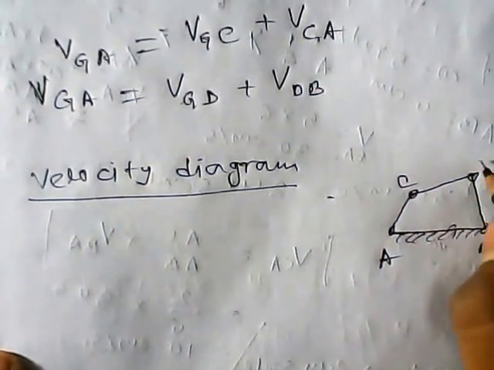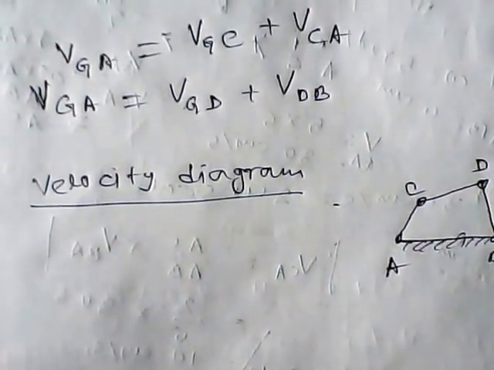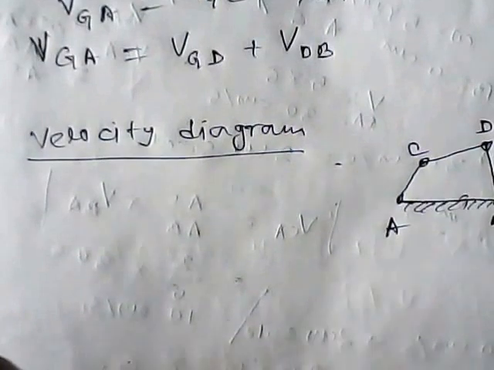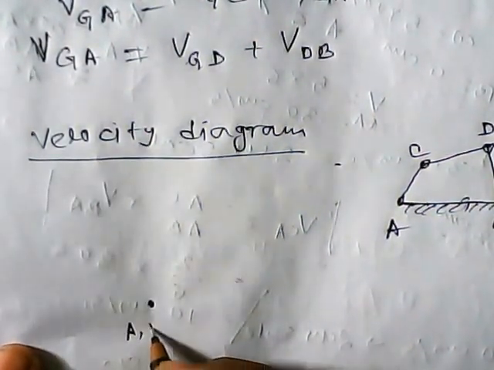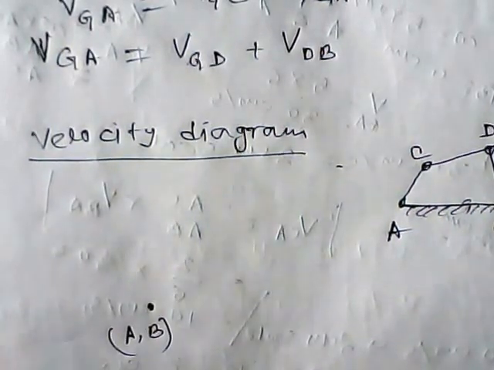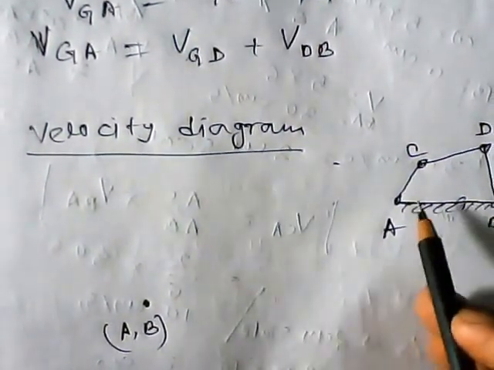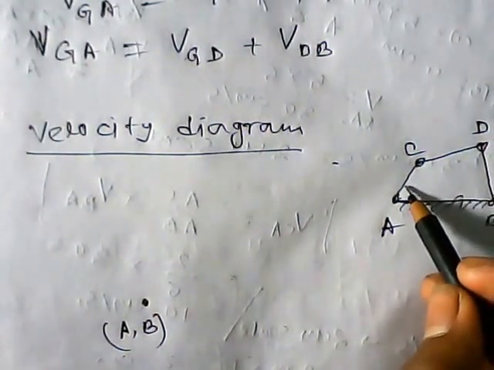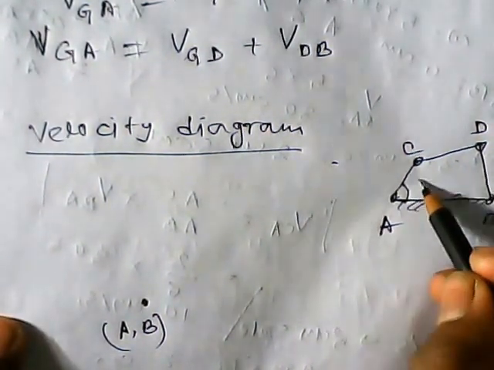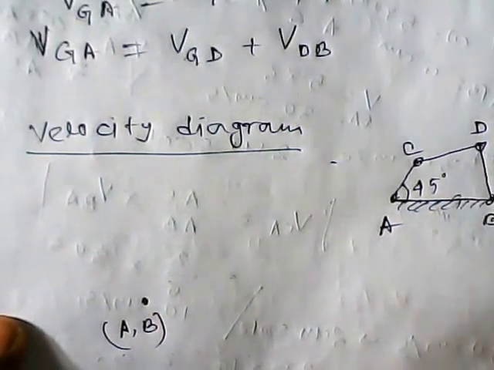A and B is the fixed point, a single point, and link AC is at a 45-degree angle with the fixed link AB.